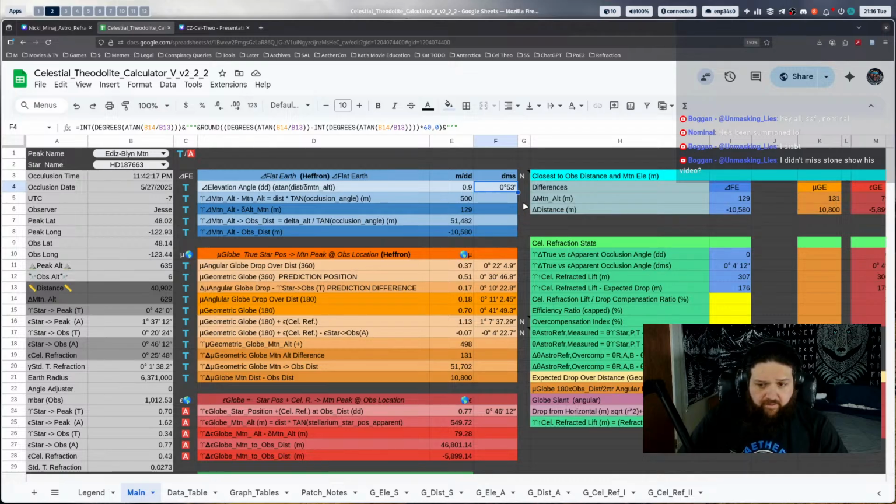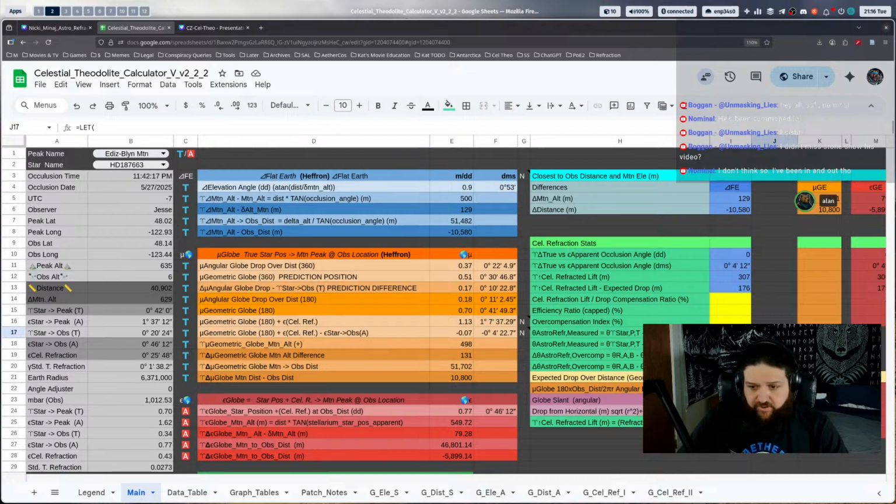So, why are we off? Well, the star emerged when it was 10 arc minutes with respect to the peak. 10 arc minutes difference. Because of the refractive conditions, it didn't have to get closer, so the actual conditions affected it, and that's why we're off.